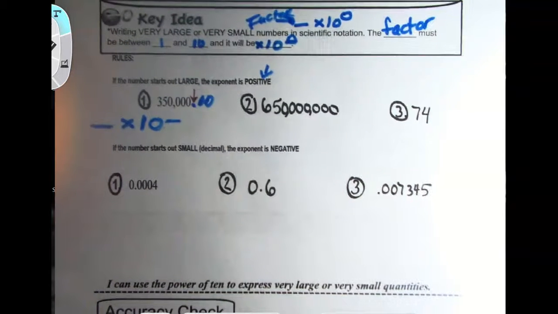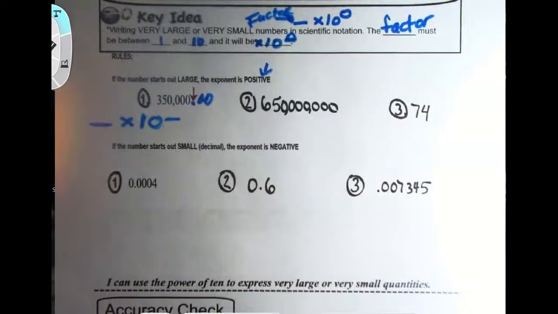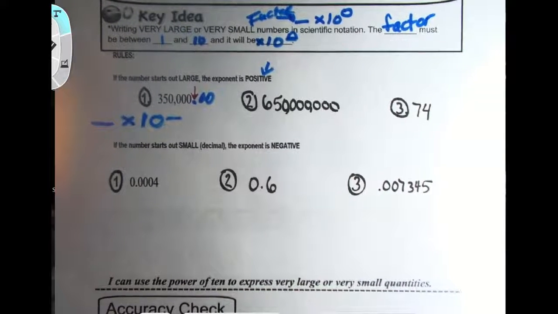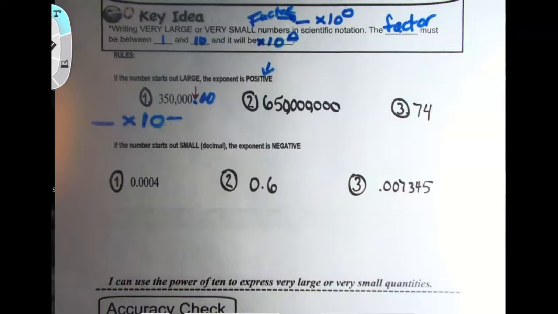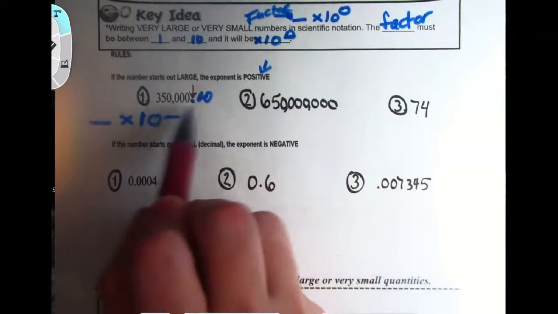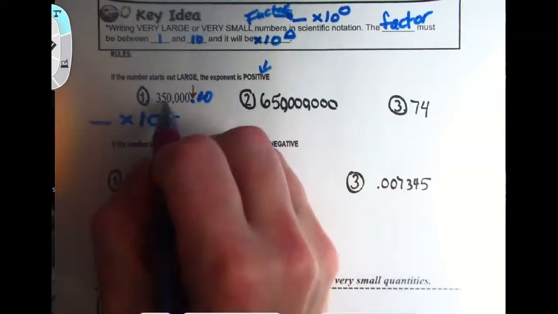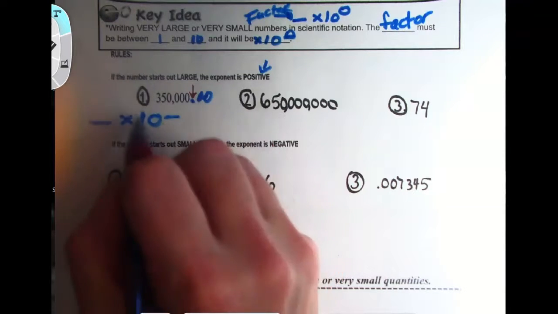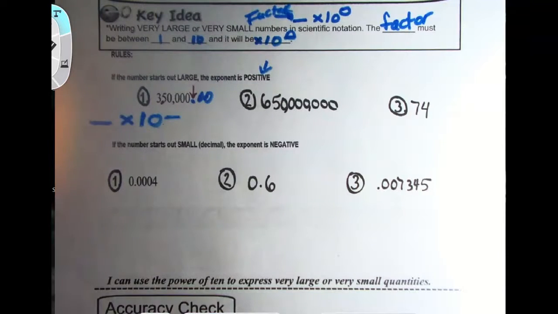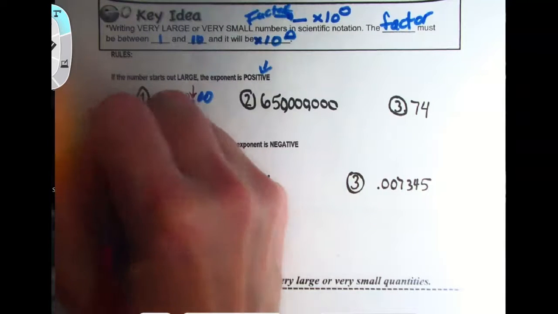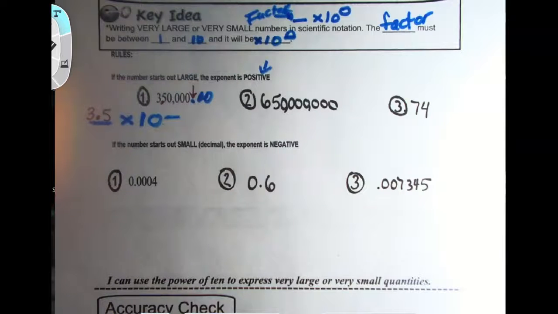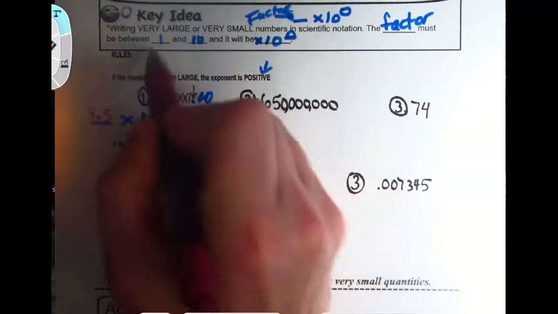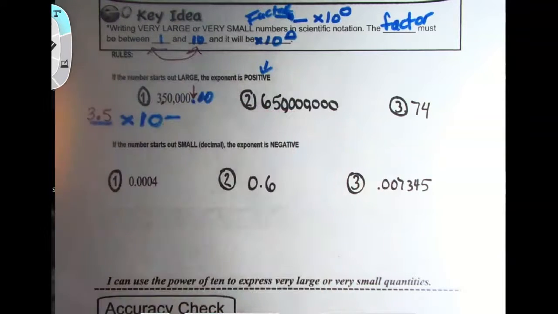So we know that our exponent's going to be positive, and we just need to count how many places we go back to get a factor between 1 and 10. Looking at this, I don't want the decimal point after the 5 because that would be 35. That's not between 1 and 10. I want it between the 3 and the 5, so I have 3.5. I write 3.5 here. I know that's the correct factor because it fits this definition. It's between 1 and 10.